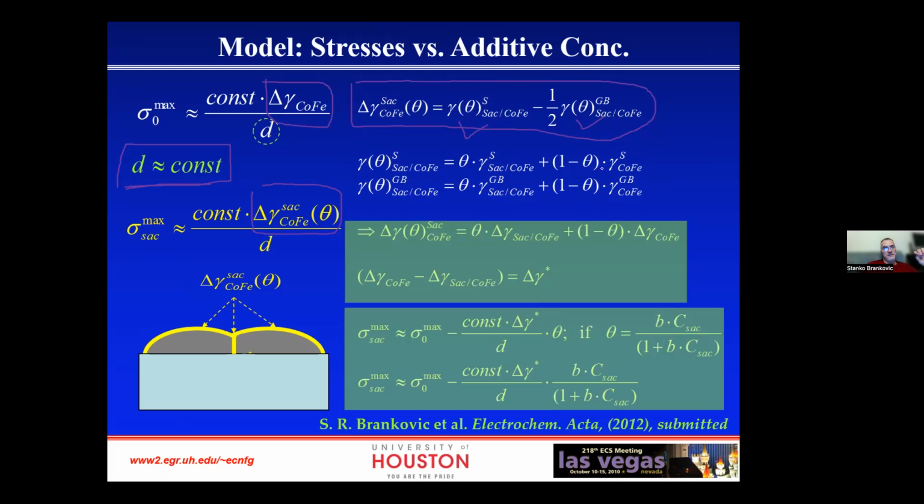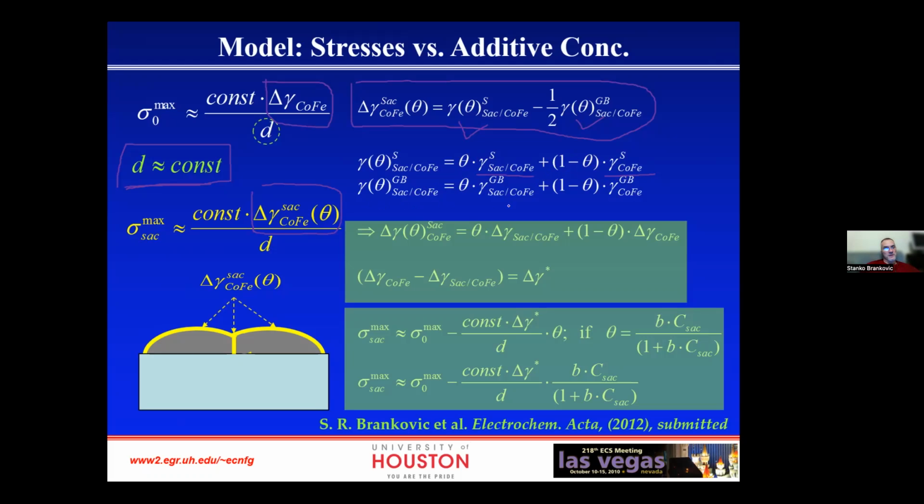Plus 1 minus theta times the surface energy of the clean surface of the cobalt iron, okay? So this is the extreme case when the surface is completely covered with saccharin. That's why the theta term corrects this, because maybe not all the surface is covered completely with additive, and some free surface still does exist, which only has cobalt iron, no additive adsorption.